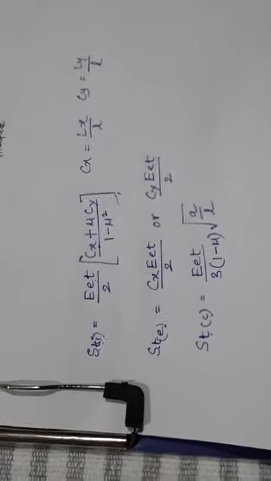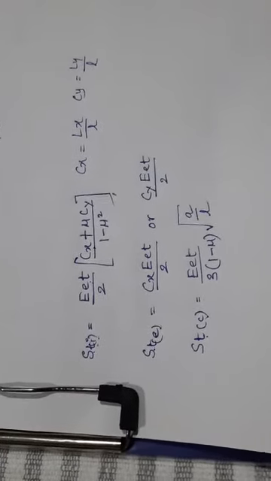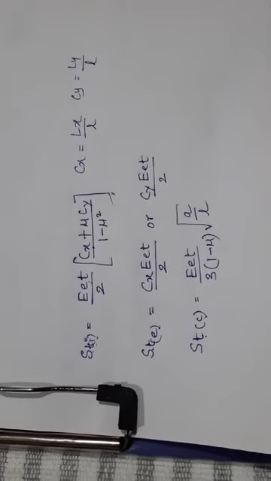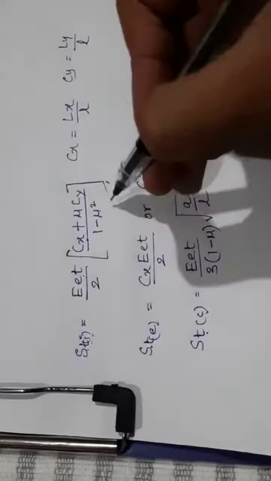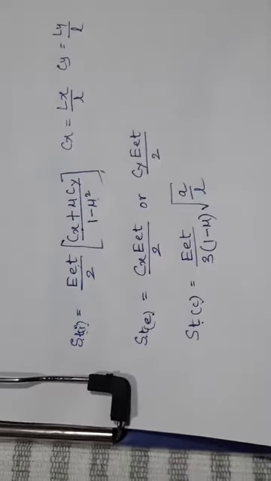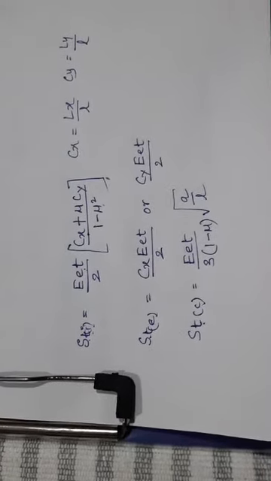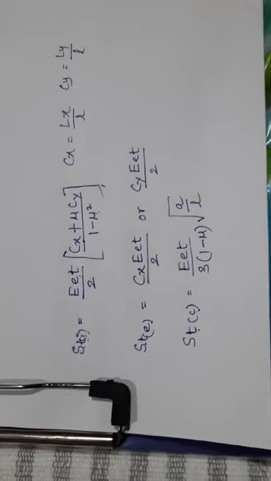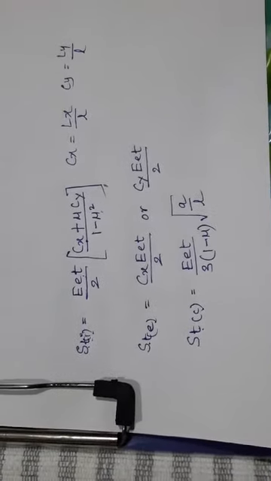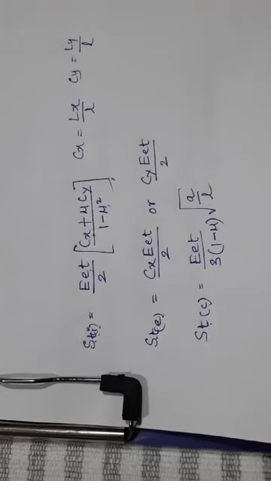As I mentioned, Lx and Ly are the length and width of the slab along the x and y directions, where mu is the Poisson's ratio of CC, which is generally taken as 0.15. If it is not provided in the problem, take it as 0.15.